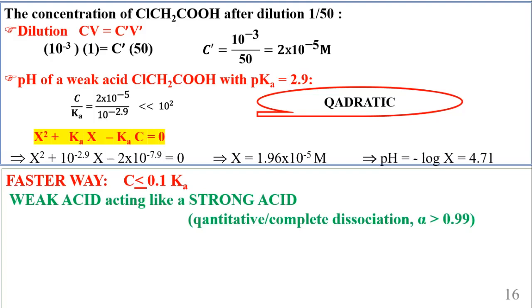And according to Ostwald's law of dilution, which we're going to get into in a bit of detail, and according to the fact that as your concentration decreases, your alpha increases, the alpha, which is the dissociation amount, increases, then we can say that this acid acts like a strong acid.